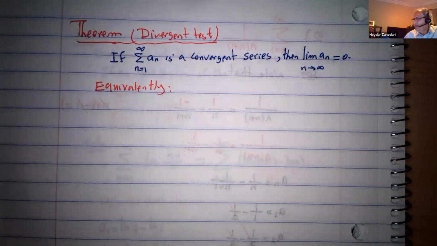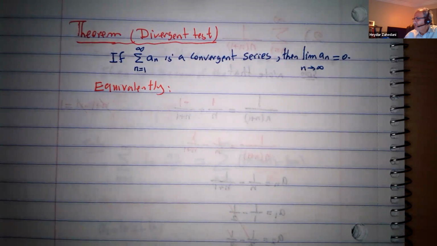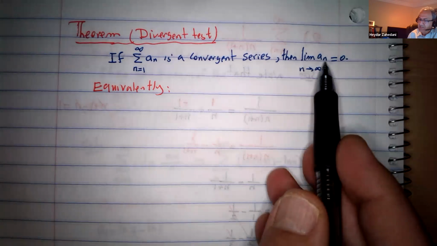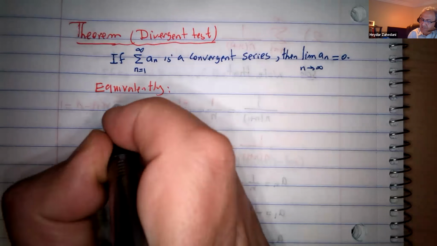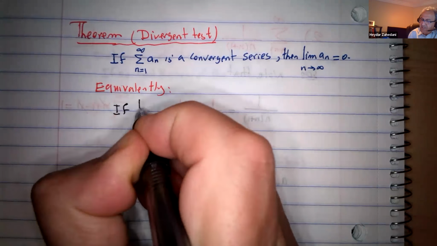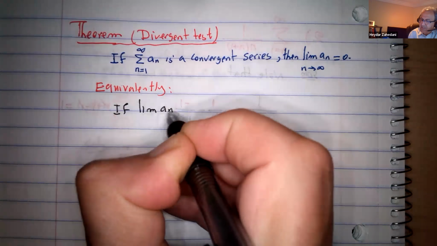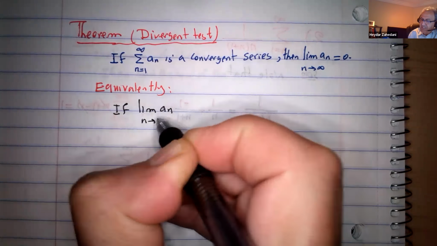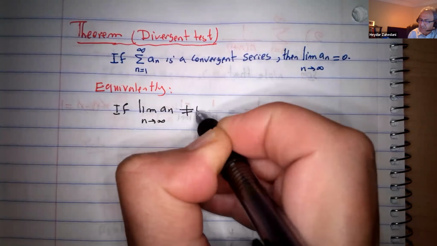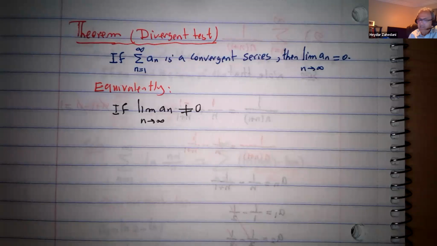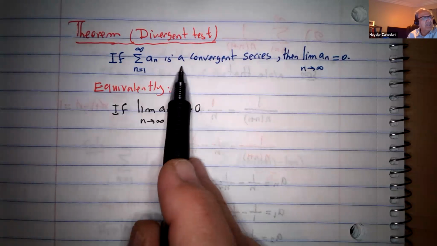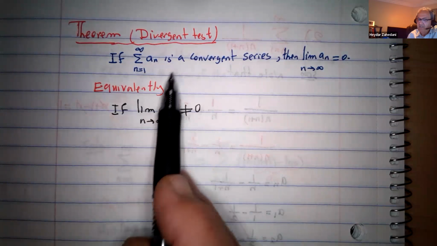In logic, we say the negation of this theorem. The negation of this theorem would be: if the limit of an as n goes to infinity is not equal to 0, then the series is not convergent, which is divergent.